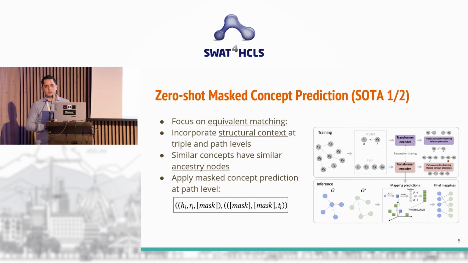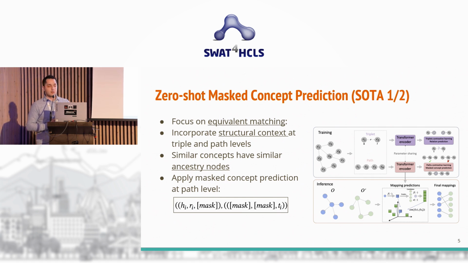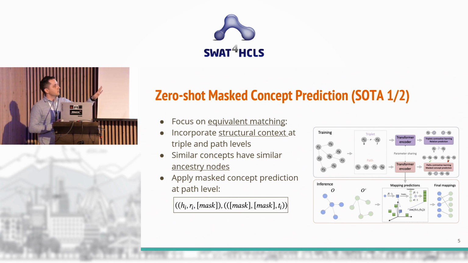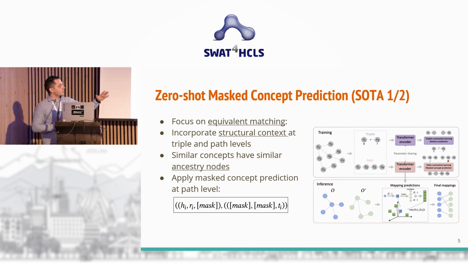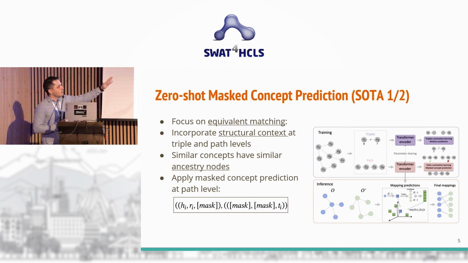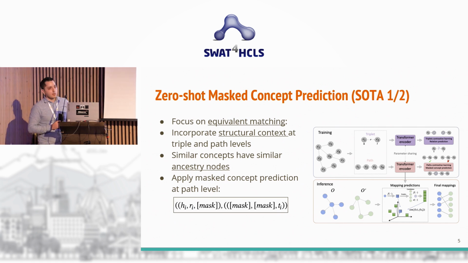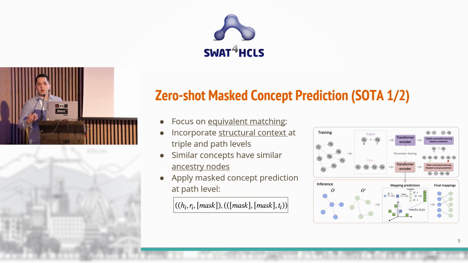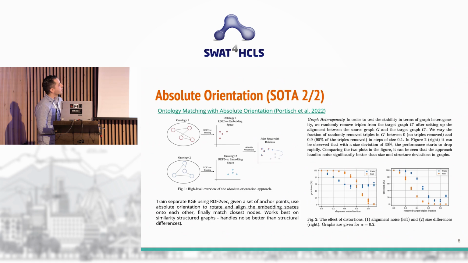For example, there's some work that uses RDF2vec to embed ontologies, and then they use transformers with unsupervised masking, multiple types of masking, to train their embedding model and encoders, and at inference time they use those embeddings to match them. This is one type of work that really inspired our approach as well.